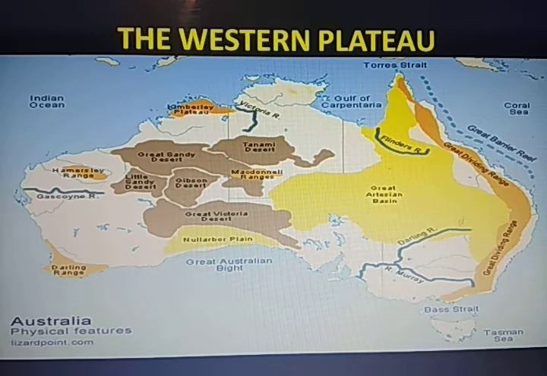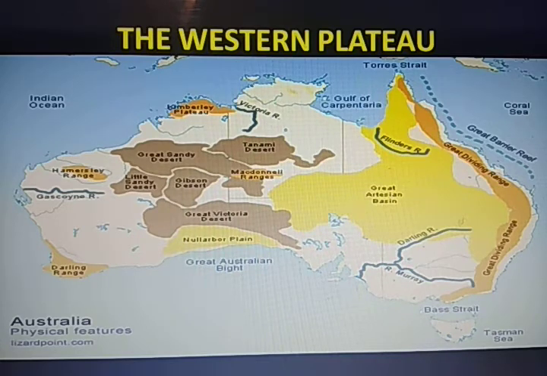Normally we find acacia, which we call mulga, growing in this sandy region, and the short variety of eucalyptus known as mallee. So in the Western Plateau, there are hot deserts.